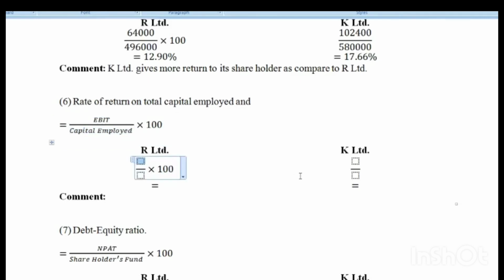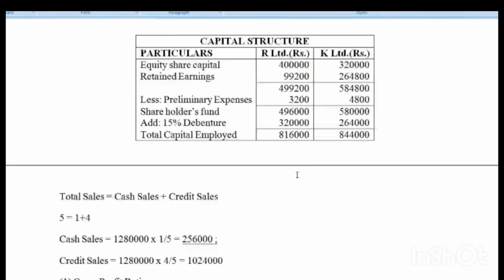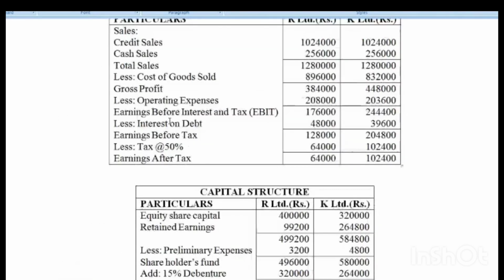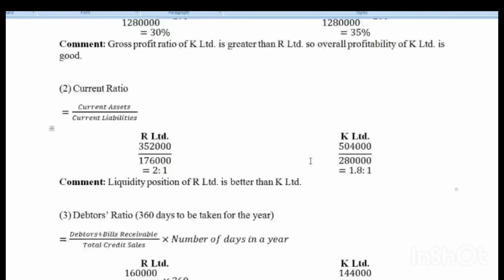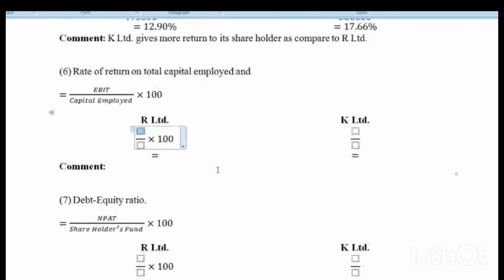What is EBIT in case of R Limited? EBIT is 1,76,000. And what is capital employed here? 8,16,000.